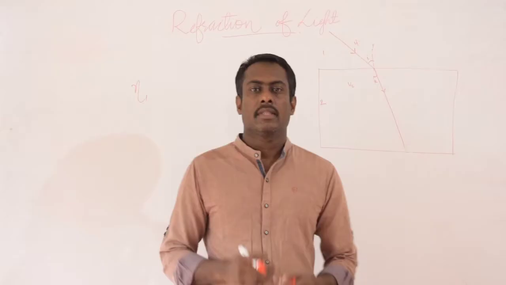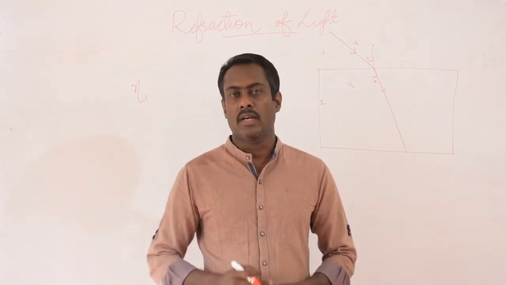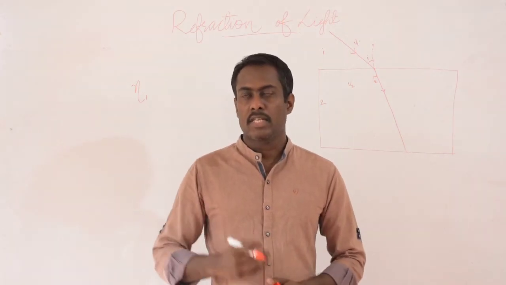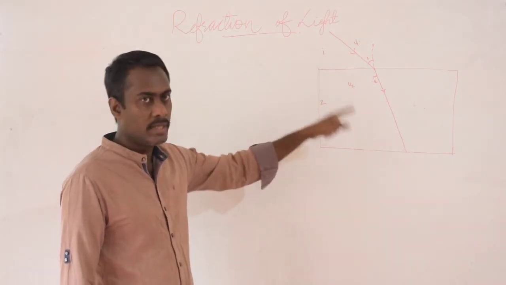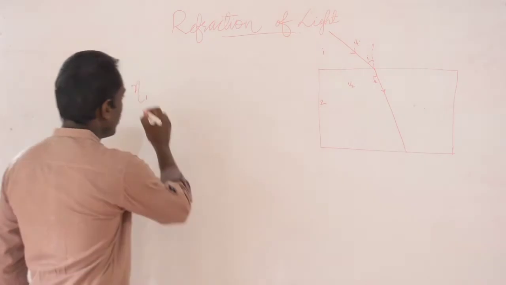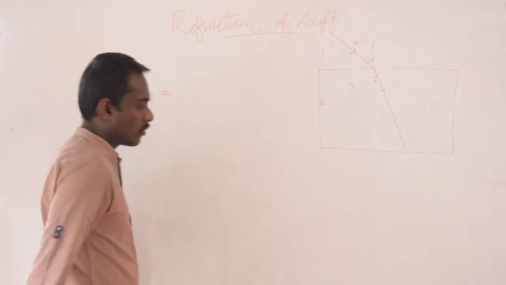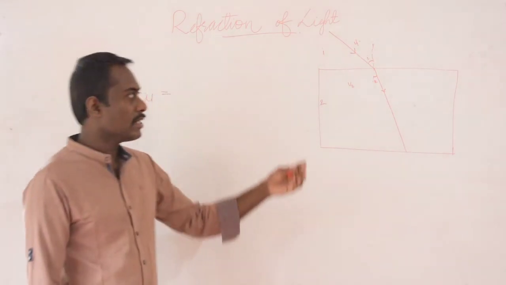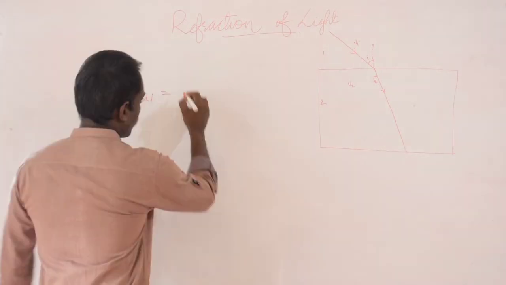The refractive index of medium 2 with respect to medium 1 is given as the ratio between the speeds of light in these two media. What is that? That is the ratio of the speed of the light in these two media.